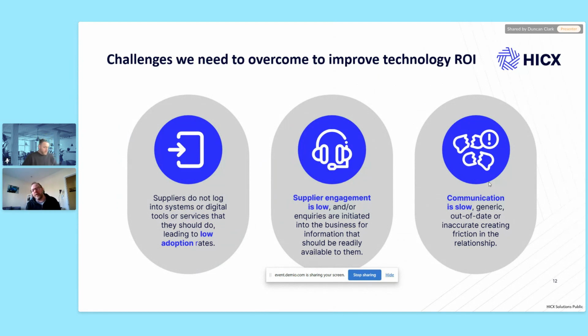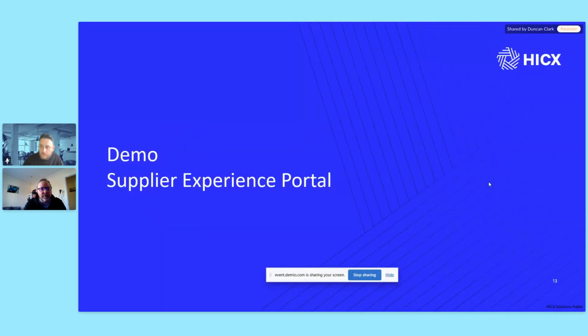And then another challenge is that communication can be slower than we would like. Sometimes it's generic, can be out of date, and that can lead to friction in the relationship. Bear this in mind, because Phil, as we go through the demonstration in a moment, will be coming back to this to bring to life how we overcome those challenges. So actually, with that, I will pause and pass over to Phil now.